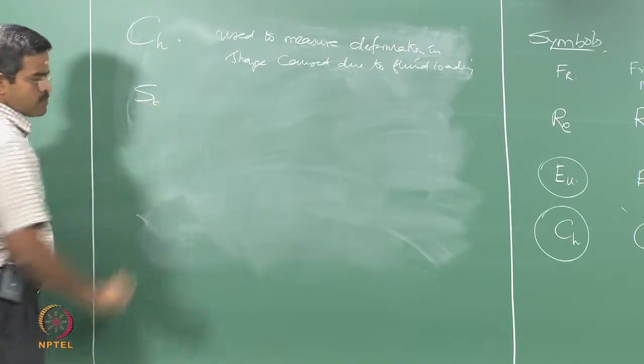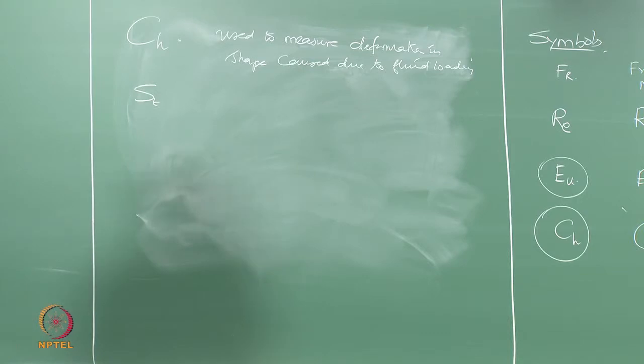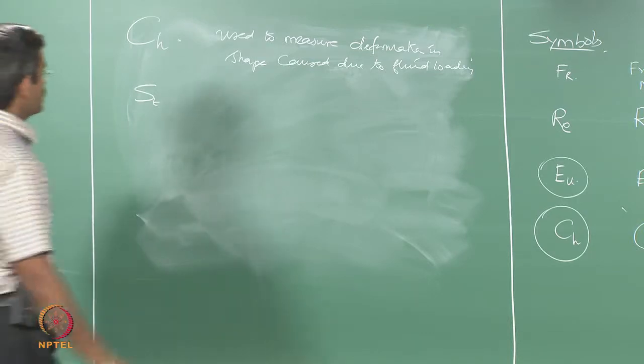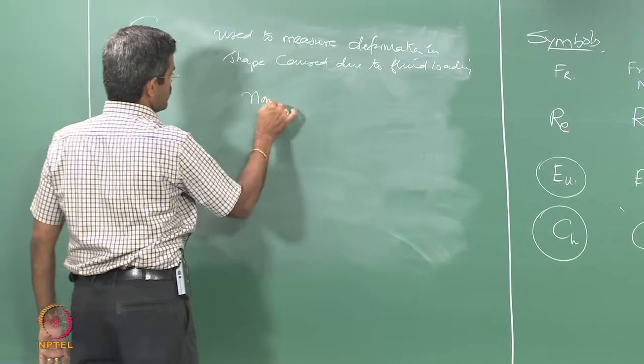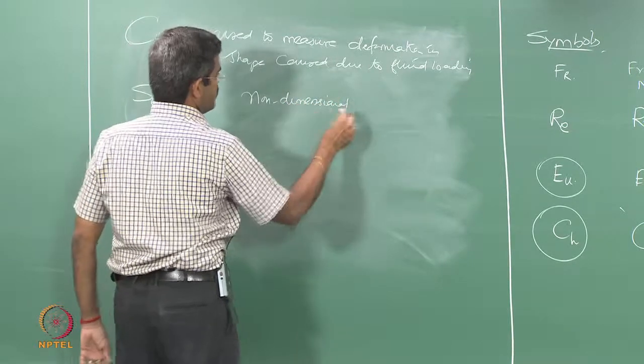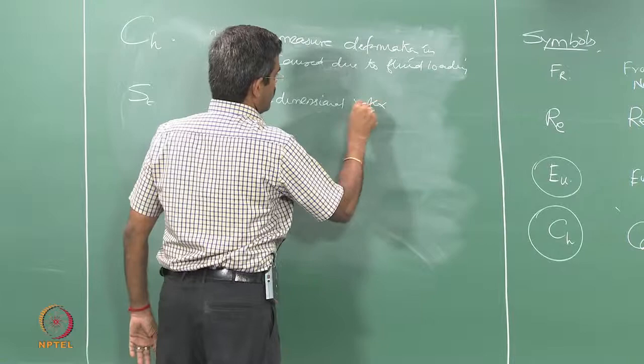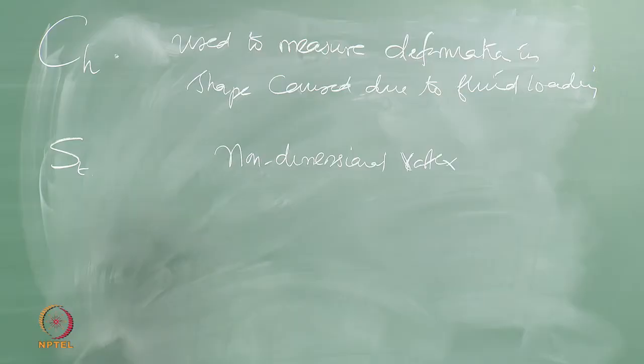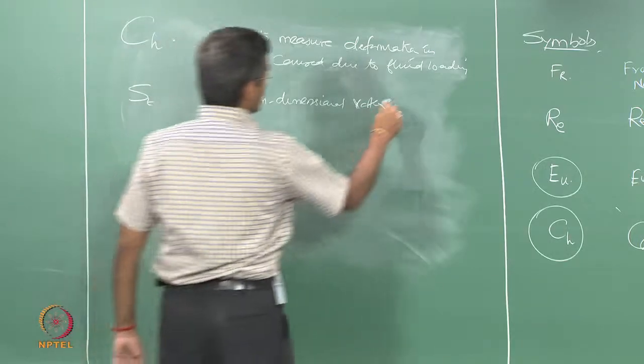Stokes number is an index of non-dimensional vortex shedding frequency.